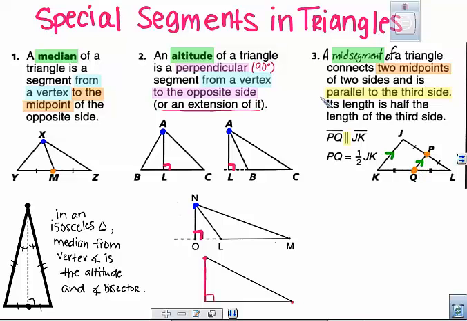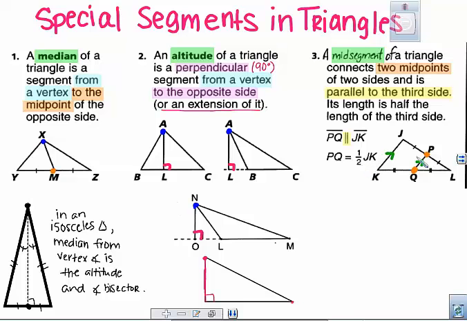What you need to know about mid-segments is that they are parallel to the third side. So the side that it's not touching, the third side, is actually going to be parallel, and I've drawn the arrows on here to show you parallel. This statement tells us that PQ, this mid-segment, is parallel to JK.